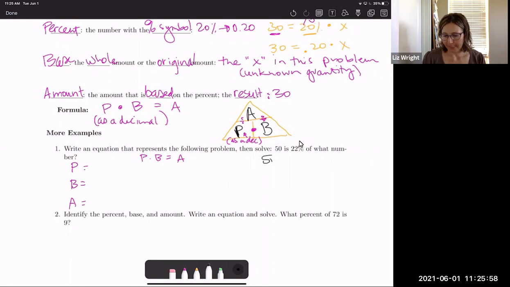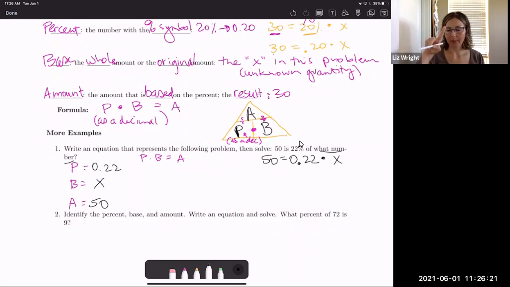We'll say 50 is, and I'm going to write this as a decimal, 22% of what number? X is going to be my what number. So that means 50 is my amount. The percent is 22 or 0.22, and X is going to be my base.